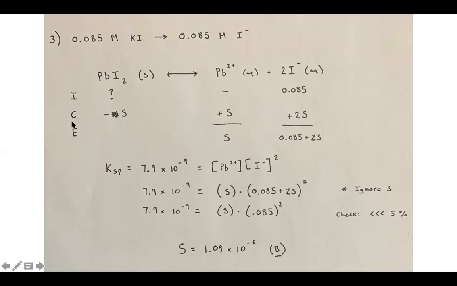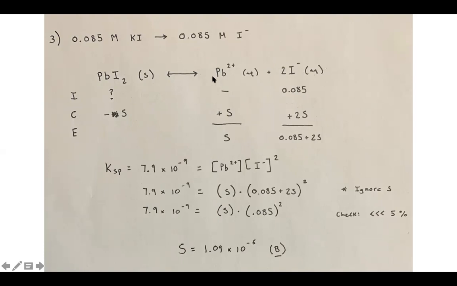Now for my change section, I'm going to put my change in terms of S, which is what we're going to use in this chapter instead of X. I keep flipping those in my head by mistake. For our solid, we really do have a change equal to negative S, because our reactant is going to be converted into product. But because it's a solid, we ignore it, though the change for our reactant really is minus S in a way.